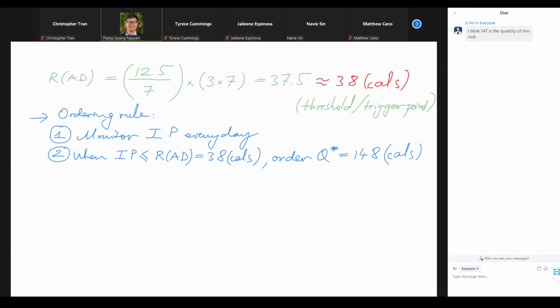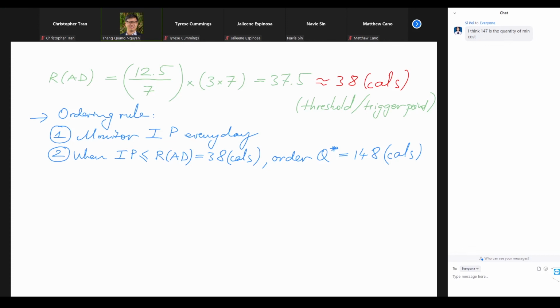But over time, it goes lower and lower. And if it hits the threshold, then on that day, we need to make another order. So the reorder point is a threshold or the trigger point for the next order. So that's the ordering rule.